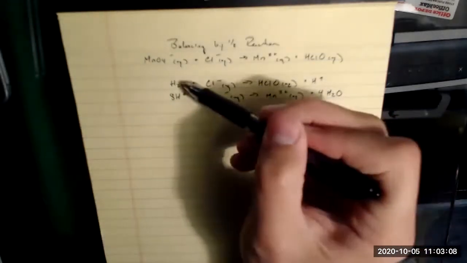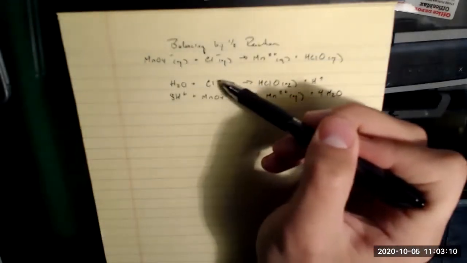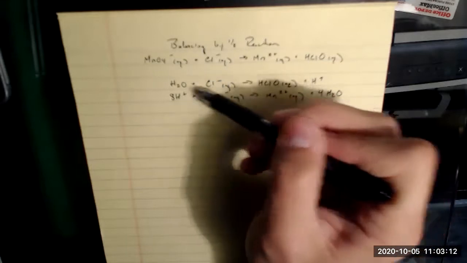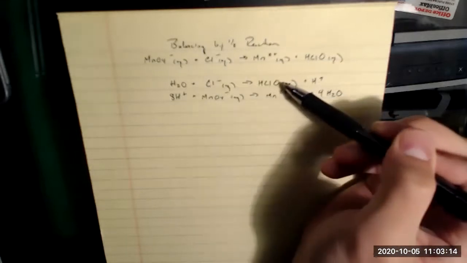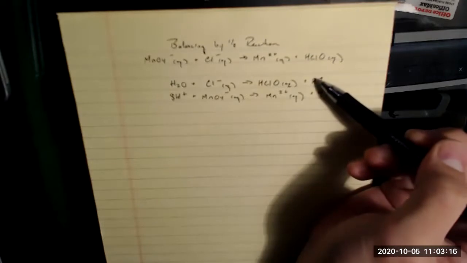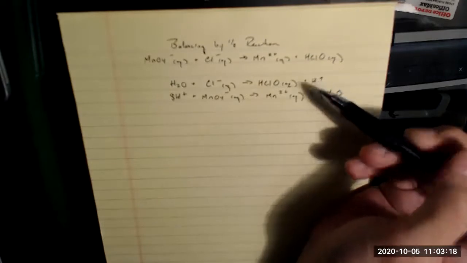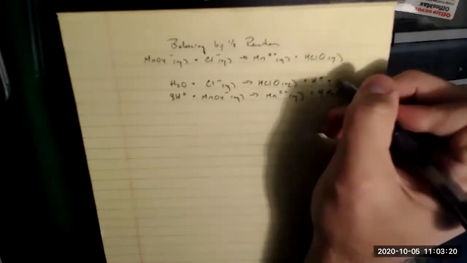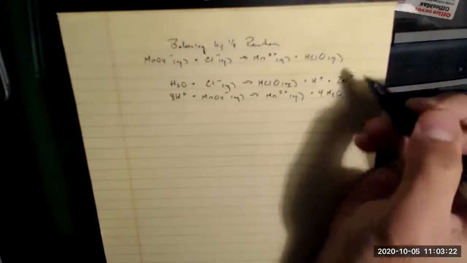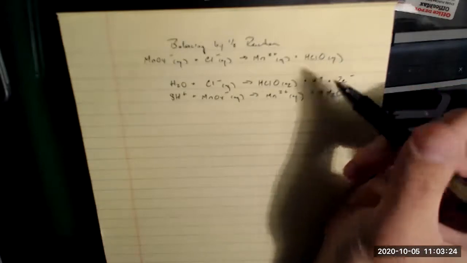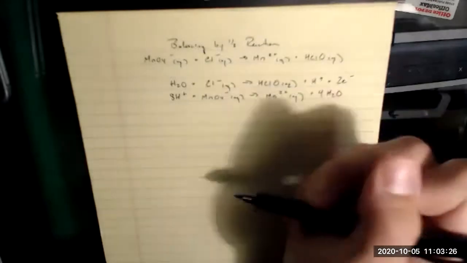And in my top reaction, water is neutral. Chlorine has a -1 charge, so that's -1 on the reactant side. Neutral, +1 on the product side. Yep. So I need to add 2 electrons to my product side up top to bring the total charge down to -1 and be equal on both sides.